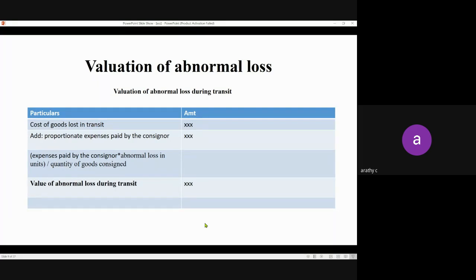The proportionate expenses paid by the consignor are the expenses paid by the consignor into abnormal loss in units divided by quantity of goods consigned. So then you will add this amount to the cost of goods lost in transit, then you will get the value of abnormal loss during transit.